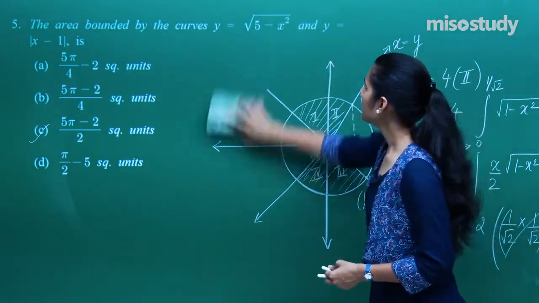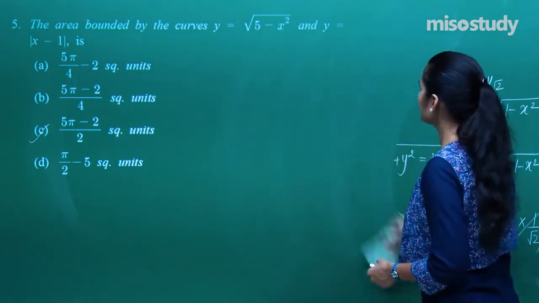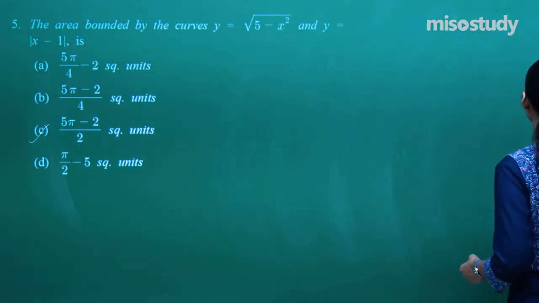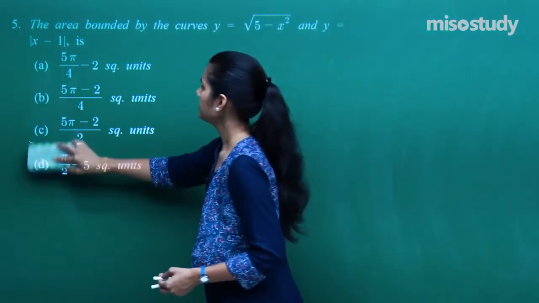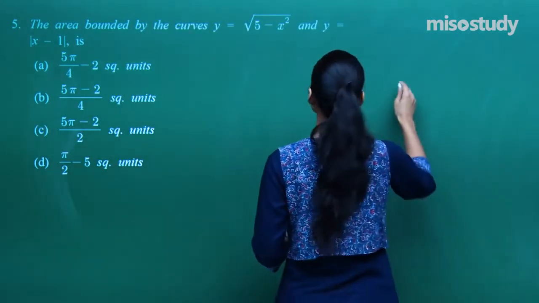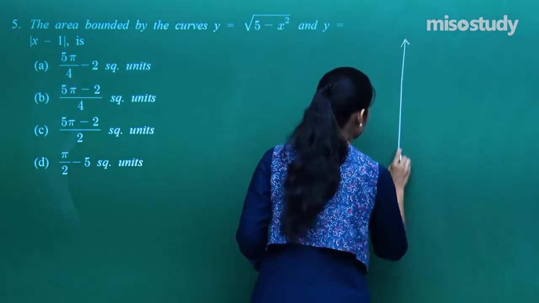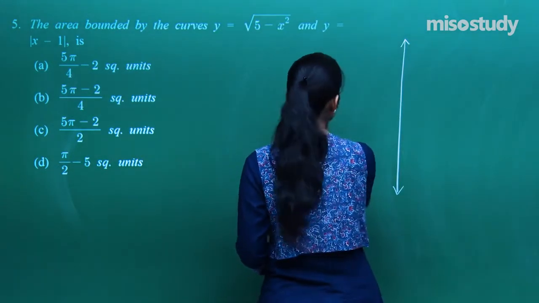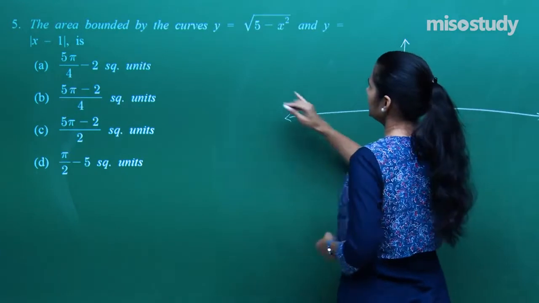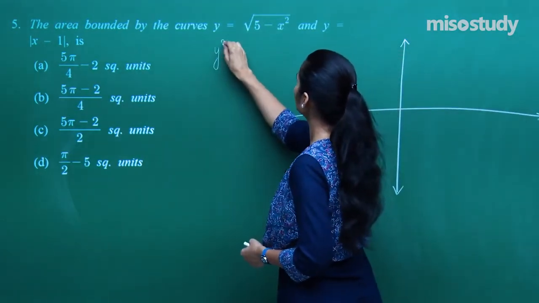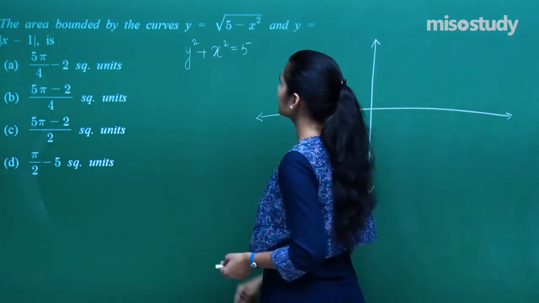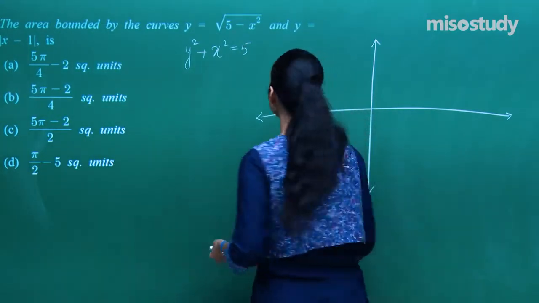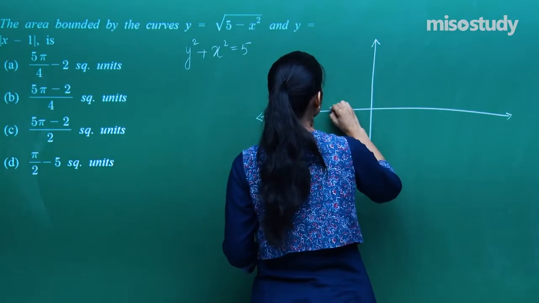The area bounded by the curves y equals root over 5 minus x square and y equals mod of x minus 1 is what? Okay, let's see what this tries to say. Let me tell you the figure. If you decode the figure correctly, y equals root over 5 minus x square means y square plus x square equals 5, which is nothing but a circle.